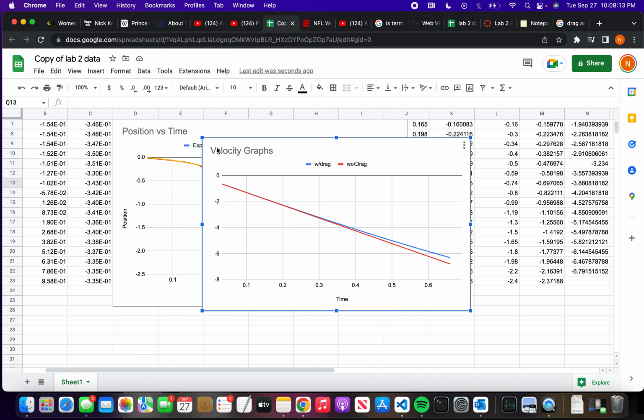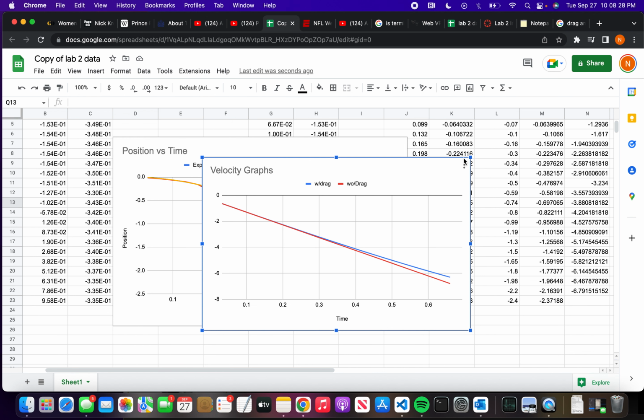As you can see here in the velocity graph, the model that incorporates drag starts to slowly level off more visibly than the one without drag. Terminal velocity is when the force of drag equals the force of gravity, so the net force would be 0, implying constant velocity.